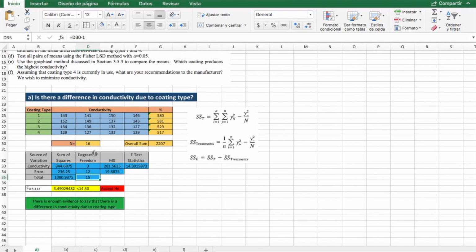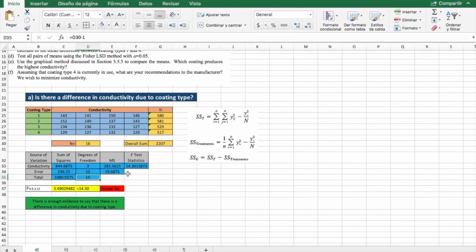In this case it is 16 minus 1, 15. So when you subtract the total minus the conductivity, it gives us 12.